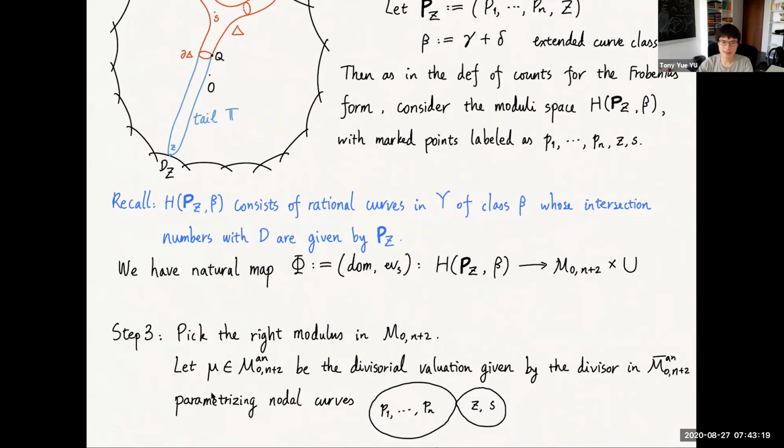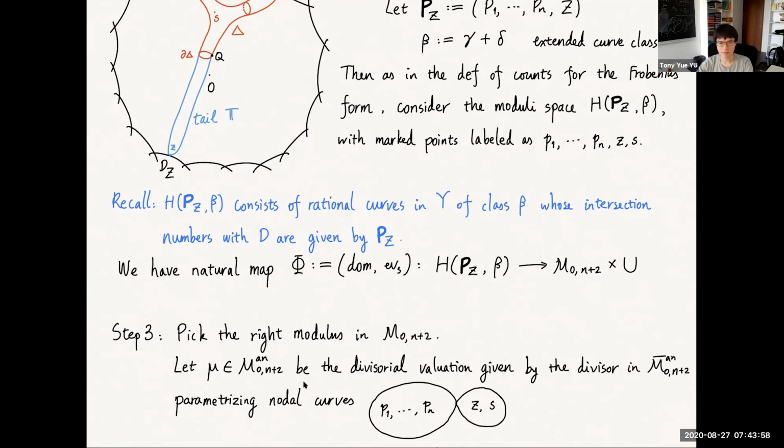And in the next step, we want to recall that in the definition of the Frobenius form, we took some degree of this map and we get the number. Here we have to be a bit more careful. We need to specify a particular point in the target. So first we pick a specific modulus in the first factor, M02.